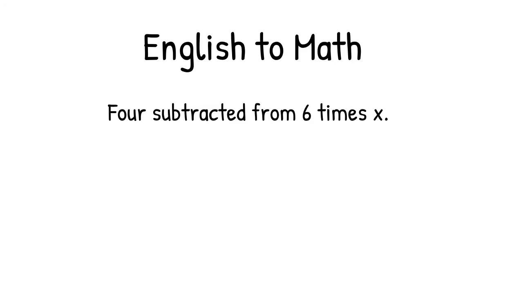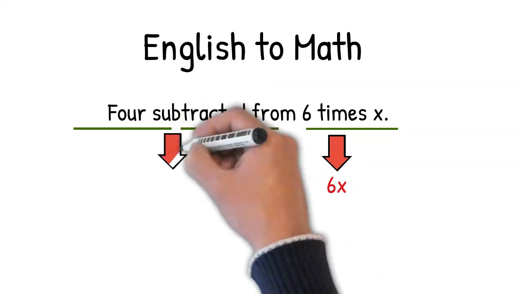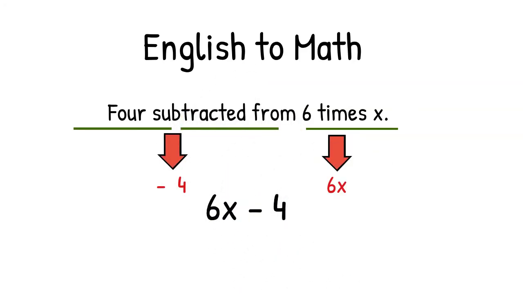It is x. What are we mathematically doing to x? We are going to multiply by 6. So 6x. Now, still going in reverse, what are we doing to the 6x? We are subtracting from it. How much? 4. We have 6x minus 4.